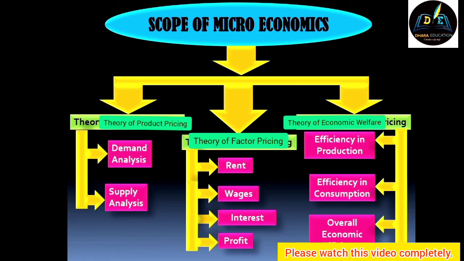The theory of product pricing is further divided into demand analysis and supply analysis. The theory of factor pricing consists of rent, wages, interest, and profit. The theory of economic welfare consists of three parts: efficiency in production, efficiency in consumption, and overall economic efficiency.